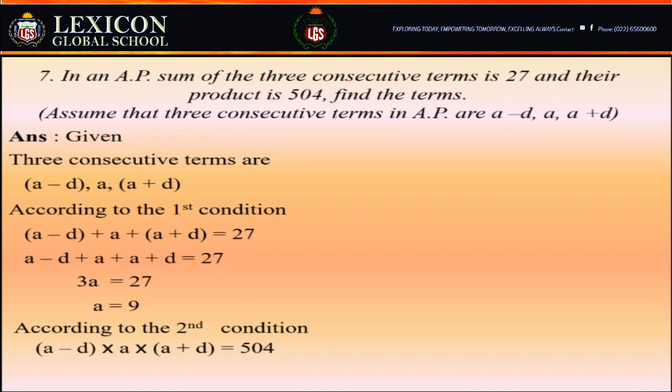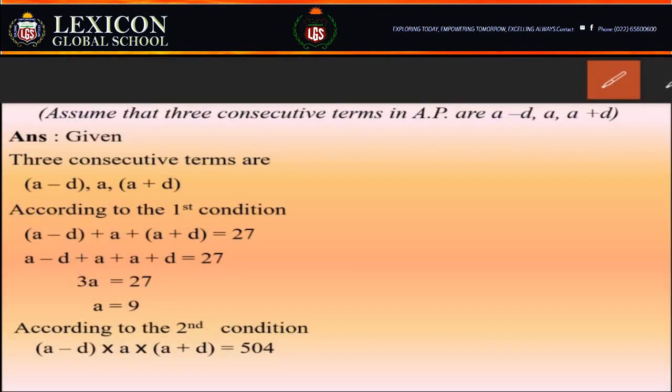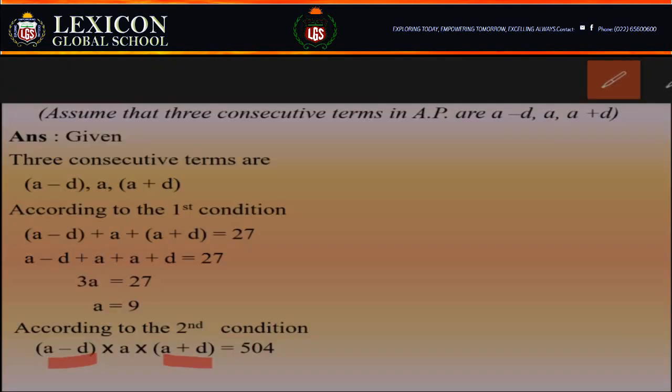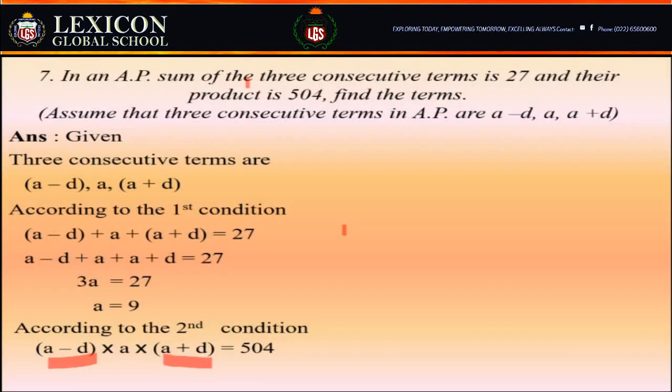I had the answer as a plus b, a minus b. In this particular solution, we have a minus d and a plus d. So, this we are going to use in the identity and a minus d and a plus d will give me a square minus d square and a will remain outside the bracket, which is equal to 504.